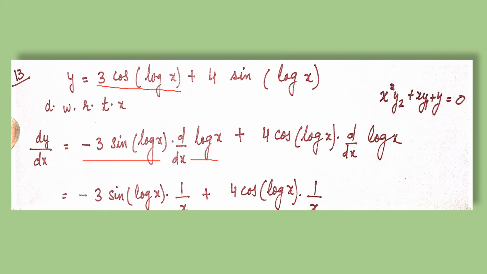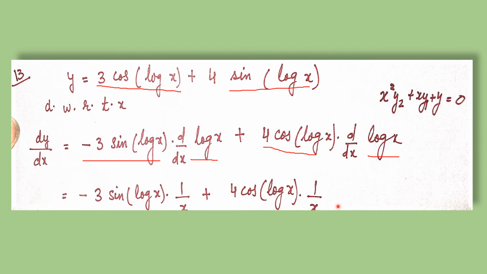Plus 4 sine log of x, whose derivative will be 4 cos log of x multiplied by the derivative of log x. So if you now further simplify it, you will get minus 3 sine log of x into 1 upon x plus 4 cos log of x into 1 upon x, since the derivative of log of x is 1 upon x.